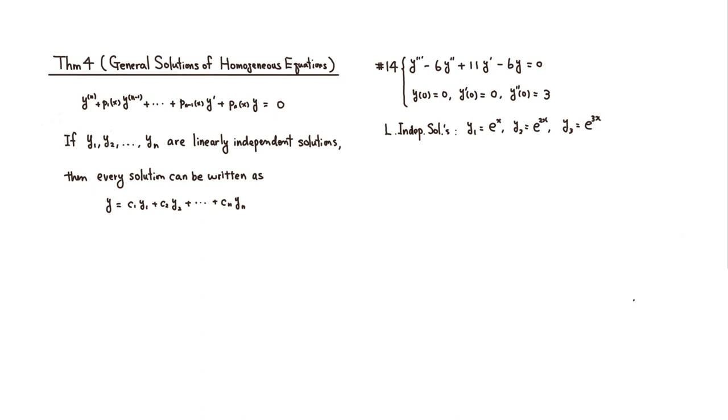According to the theorem, any solution we are looking for can be written as y = c1 e^x + c2 e^(2x) + c3 e^(3x). So we just have to find c1, c2, and c3 using the initial value conditions.